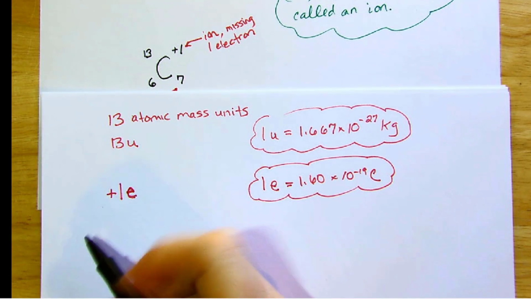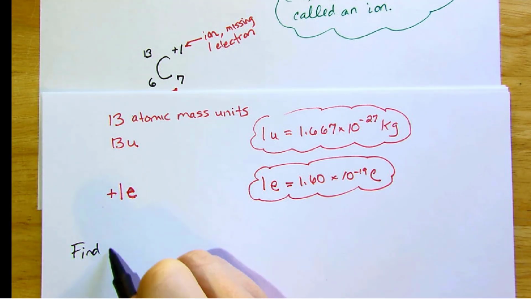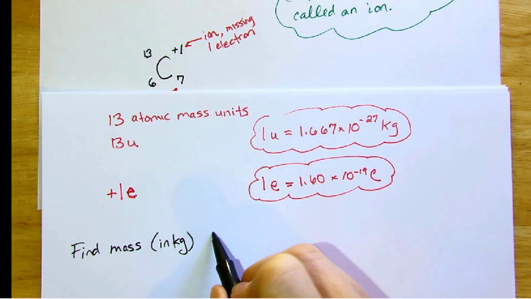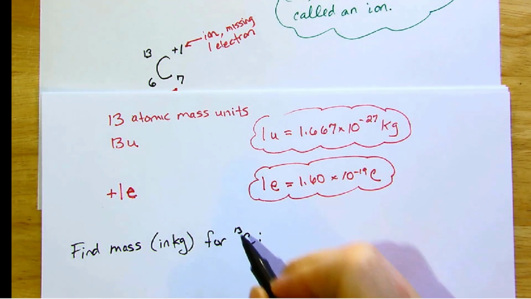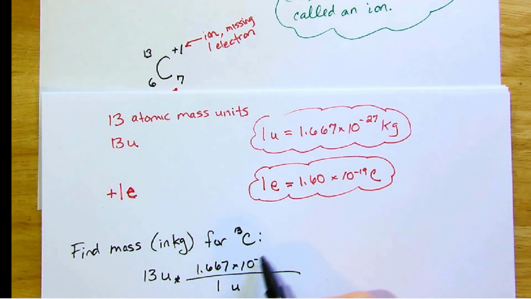So how about we find the mass of the carbon 13 in kilograms? Right, its mass was 13 atomic mass units times the conversion factor. 1 atomic mass unit is equivalent to 1.667 times 10 to the negative 27th kilograms.